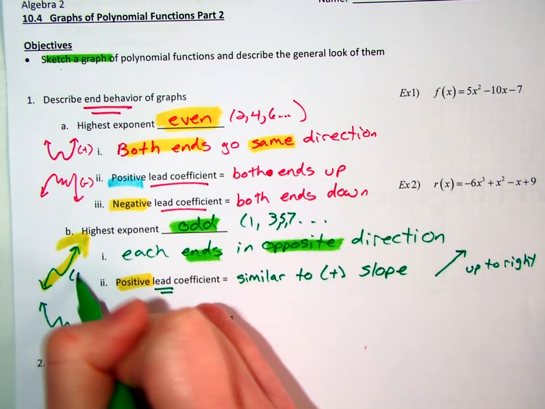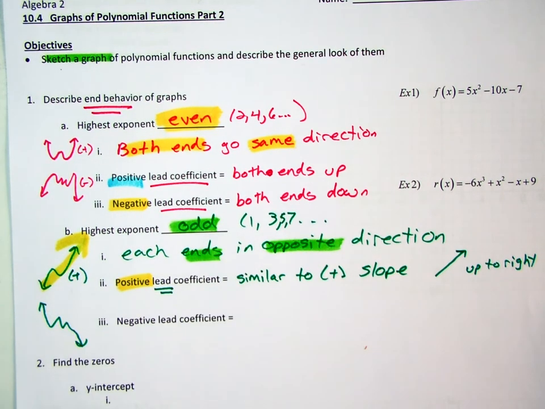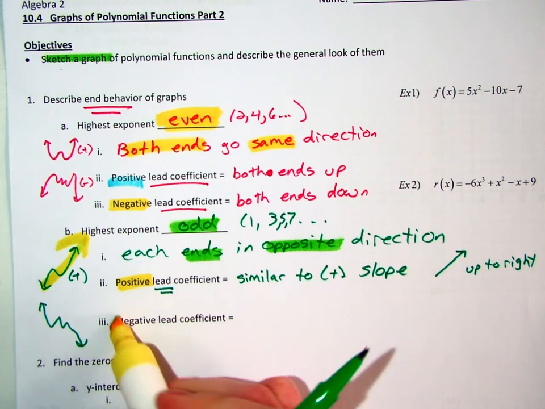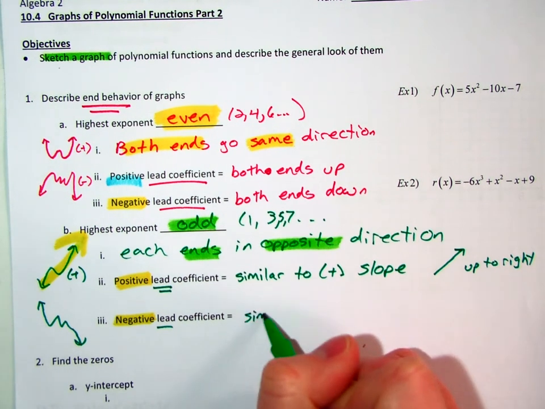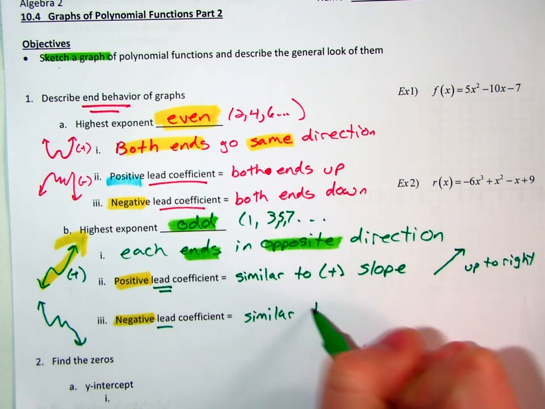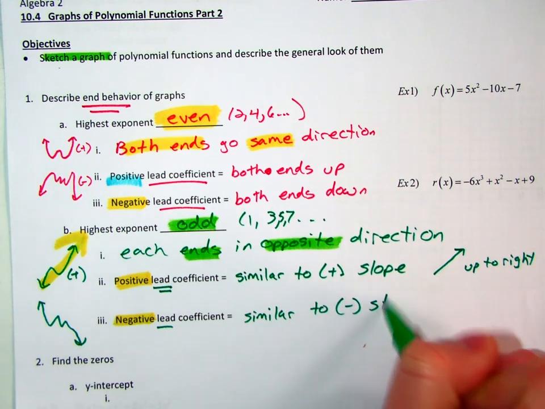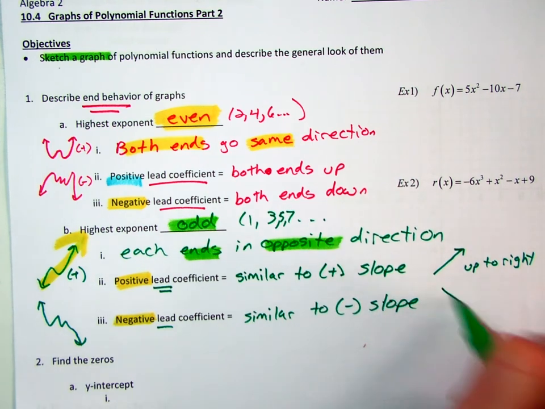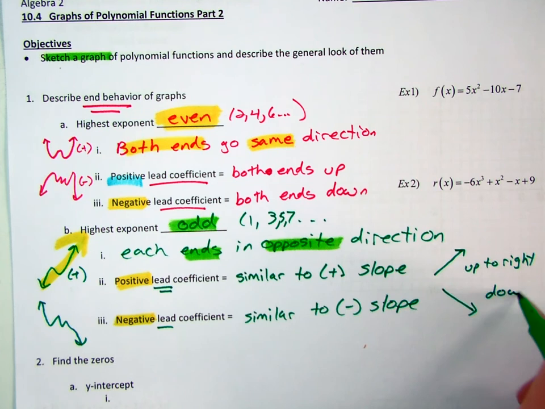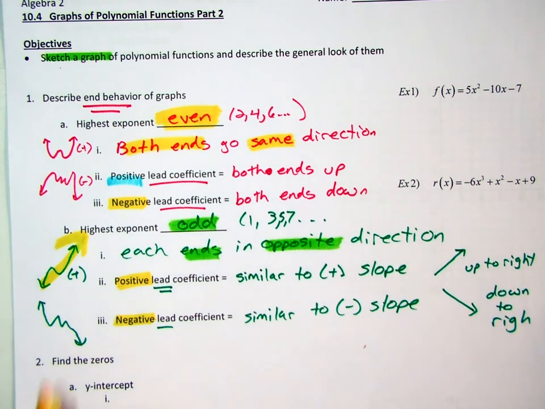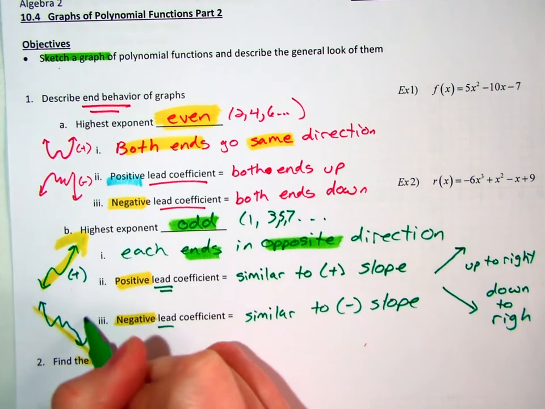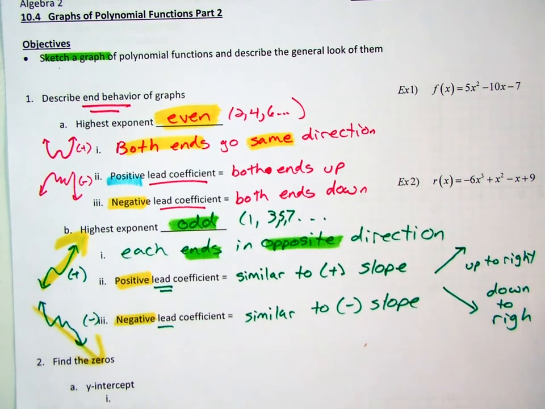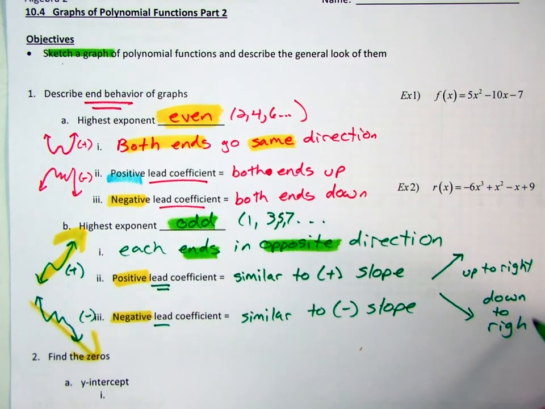So I know this one had a positive lead coefficient. If you have a negative lead coefficient, then that's similar to a negative slope. In other words, it's going to go down as you move to the right. So this one, as I move to the right, you can see that it's heading overall in the downward direction. So this one would have a negative lead coefficient.